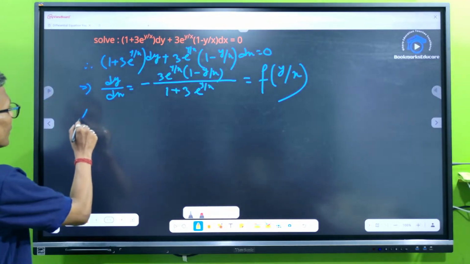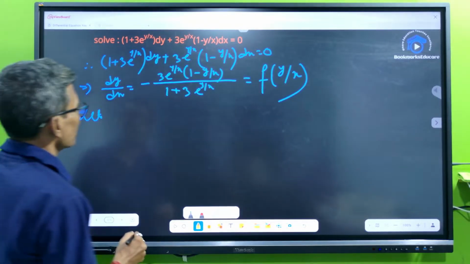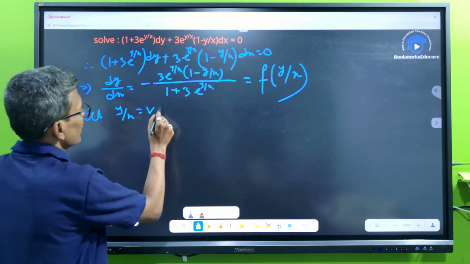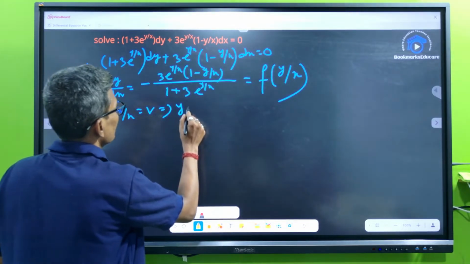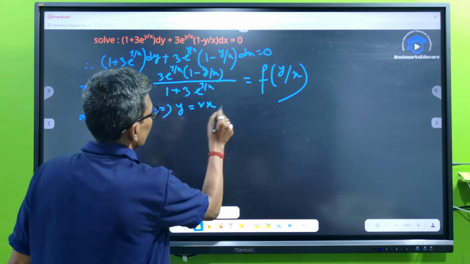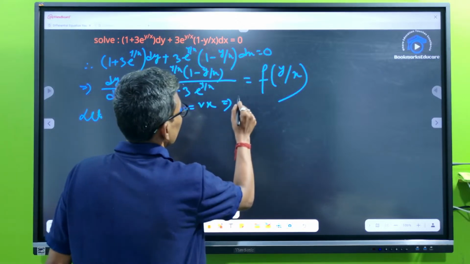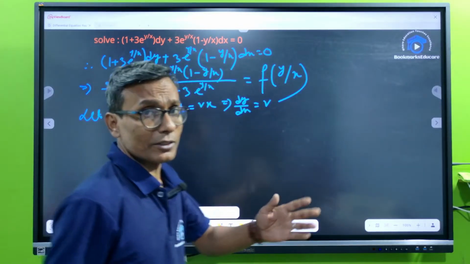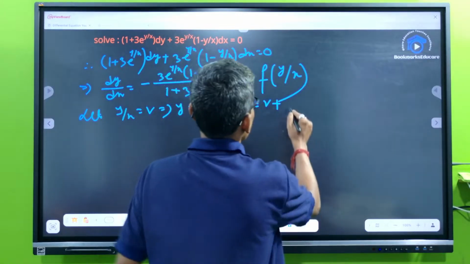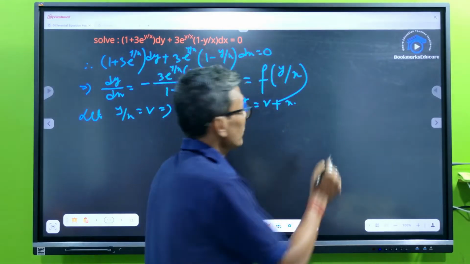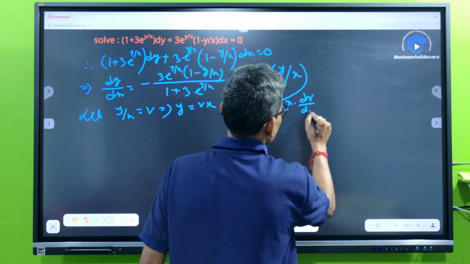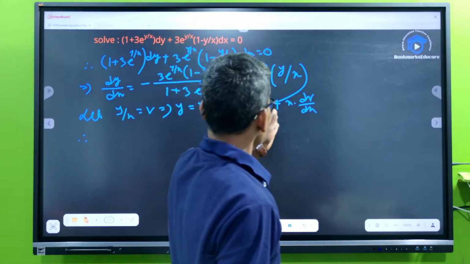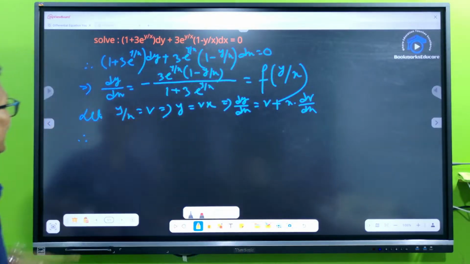So for this sum we have to assume y by x is equal to v. So y is equal to vx. Differentiating on both sides, dy by dx is equal to v into d by dx of x, which means 1, plus x into d by dx of v, which means dv by dx. So we put v plus x into dv by dx instead of dy by dx.